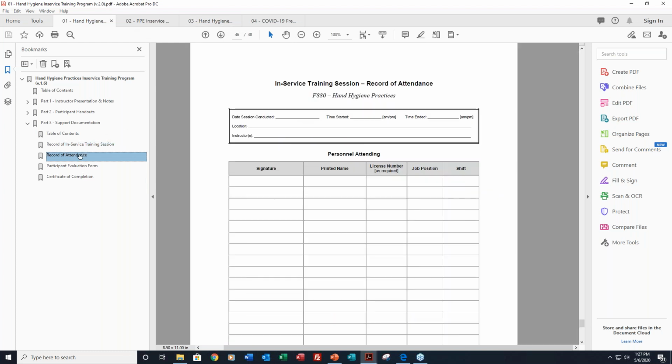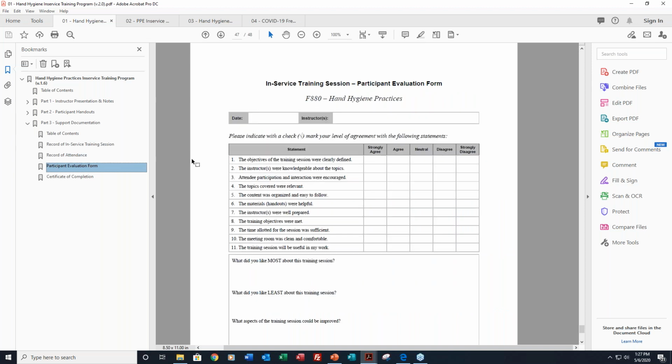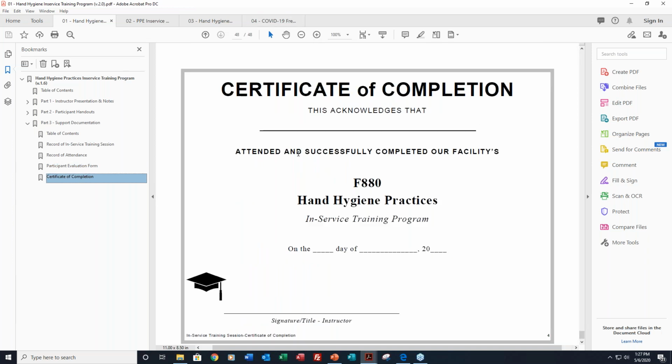It also has your record of attendance, and all of it's pre-filled out. It has your competency evaluation or a participant evaluation form if you want to get feedback. All of these documents are there to support the validity of your training program, because a lot of your survey agencies, CDC, OSHA, and all of those agencies are looking for this type of validation of your training program. It also has a certificate of completion.